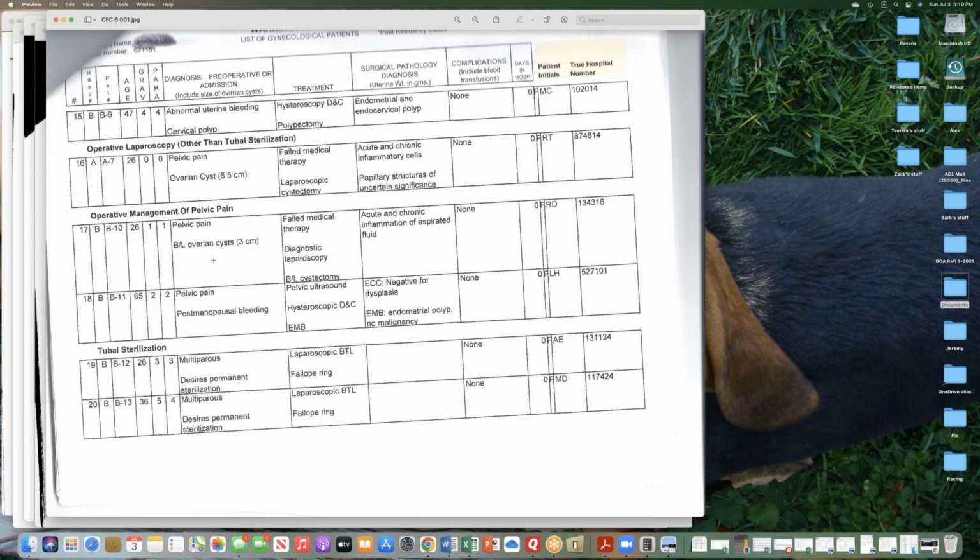Right, but delivered when? Like earlier that day or the day before. Yeah, I would not count that delivery in the Parity. Yes, in the Gravida, but not in the Parity. Okay. Again, I would want her to be out of the postpartum period before I count her in the Parity.